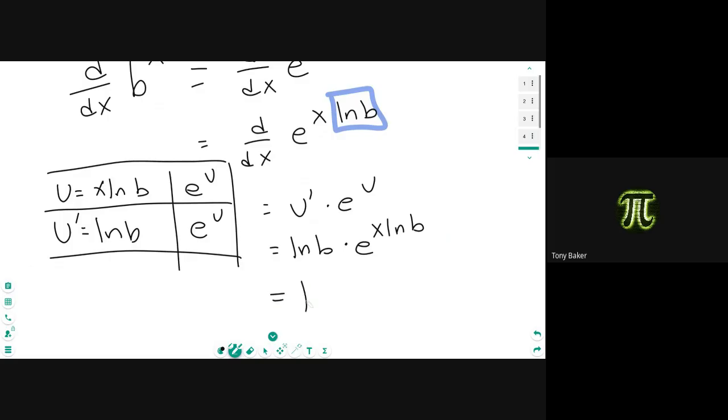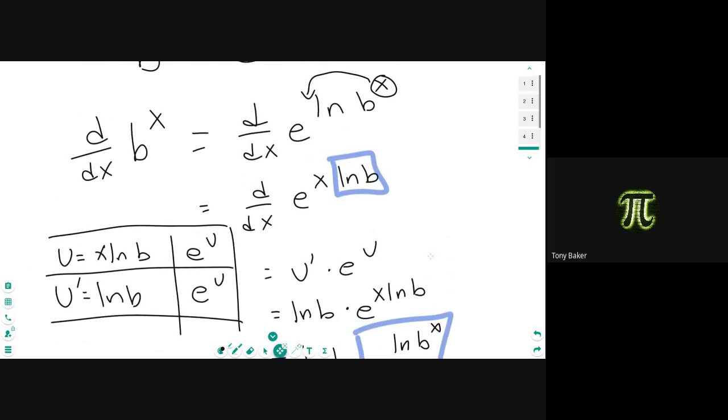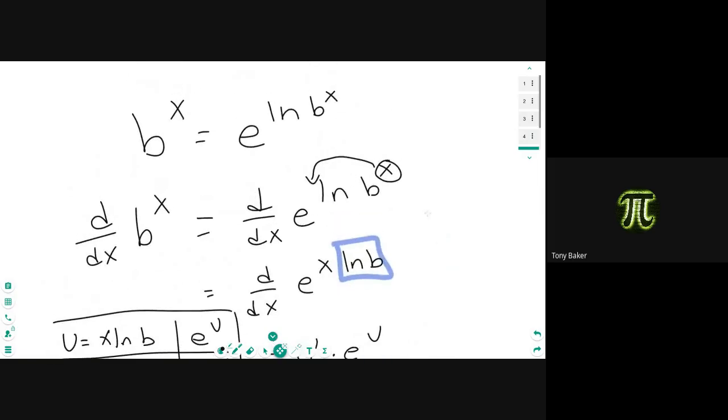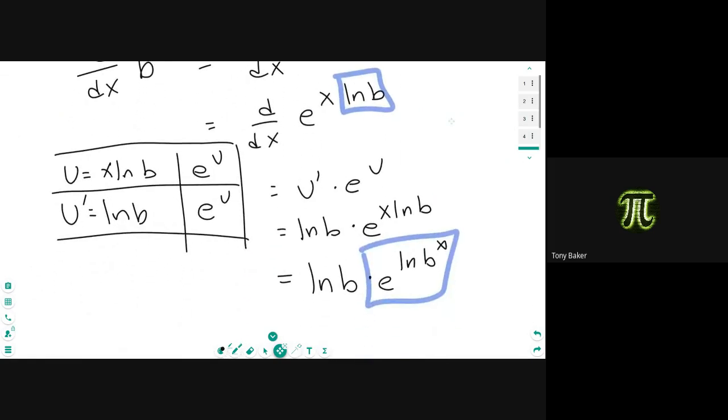So this is going to be ln of b times e to the ln of b to the x. Oh, I see it. Now, what was that at the beginning? Hold on a second. You're going to make your life more complicated.